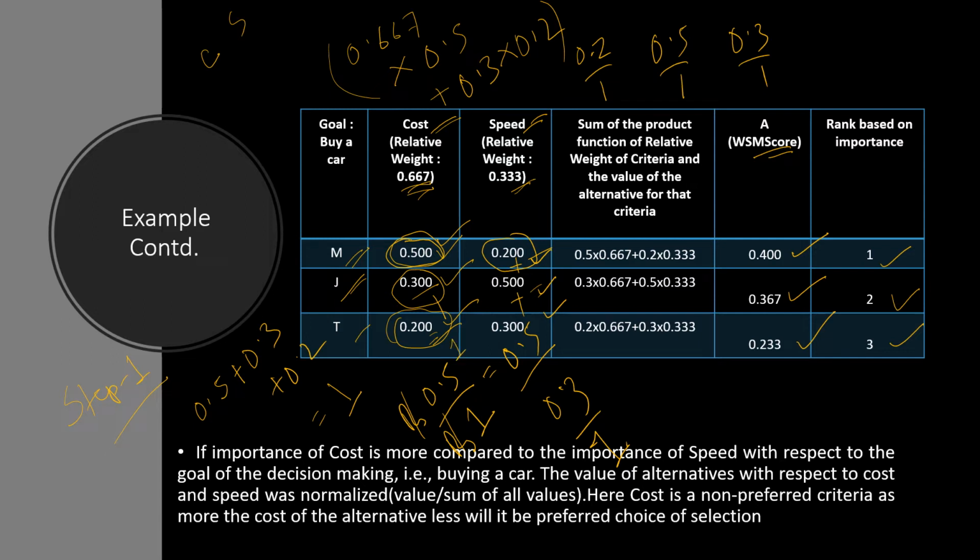So this will be your 1, followed by this 2, then this 3, because it has the highest value, and when cost is highest, that alternative will be least favored. After assigning rank, in case of speed, the more the speed, the higher the preference. So if you assign rank to the value of the speed, then this one will have the highest rank because it has the highest value for speed, followed by this one, then this one.